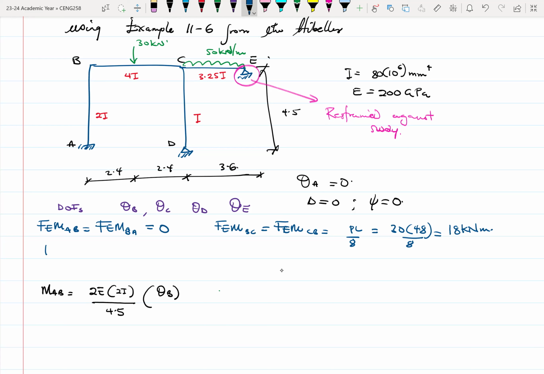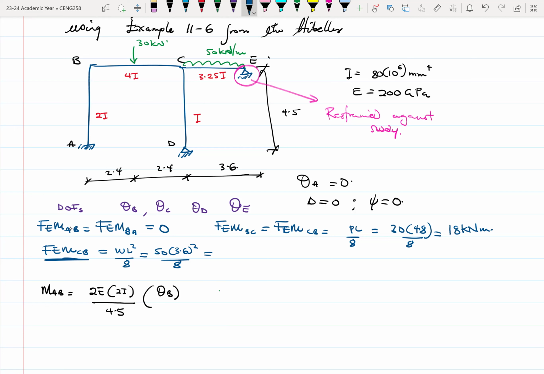Then the fixed end moment at CB. All right, so this here is a modified approach. From the fixed end table, that would be WL squared over 8. So this would be 50 times 3.6 squared divided by 8.